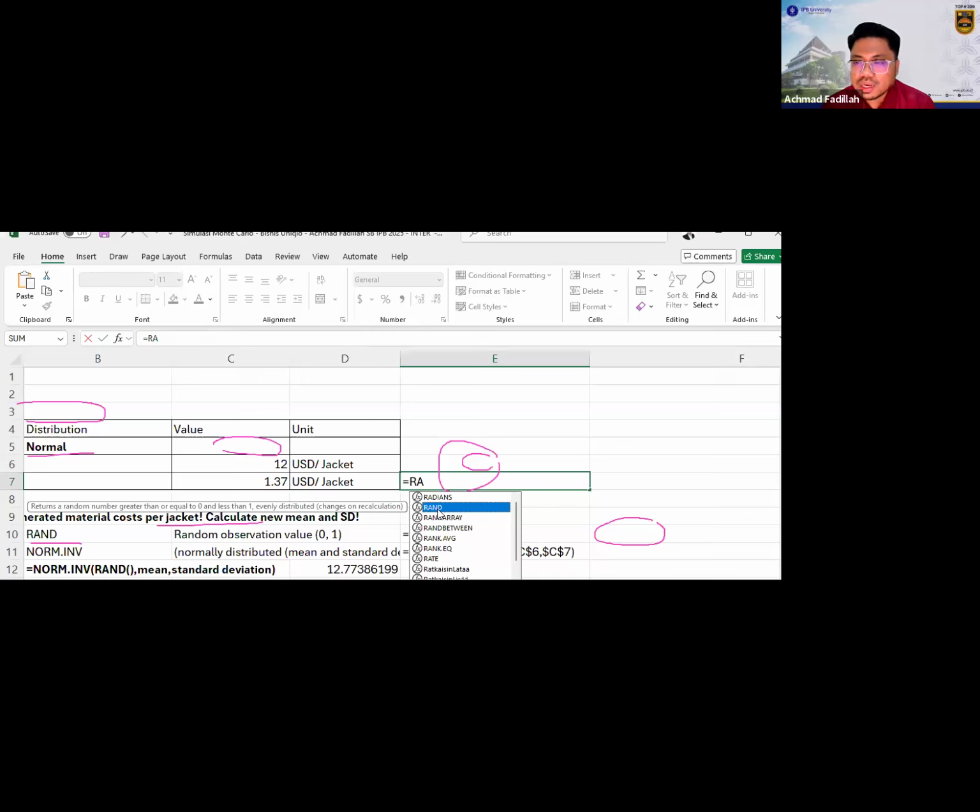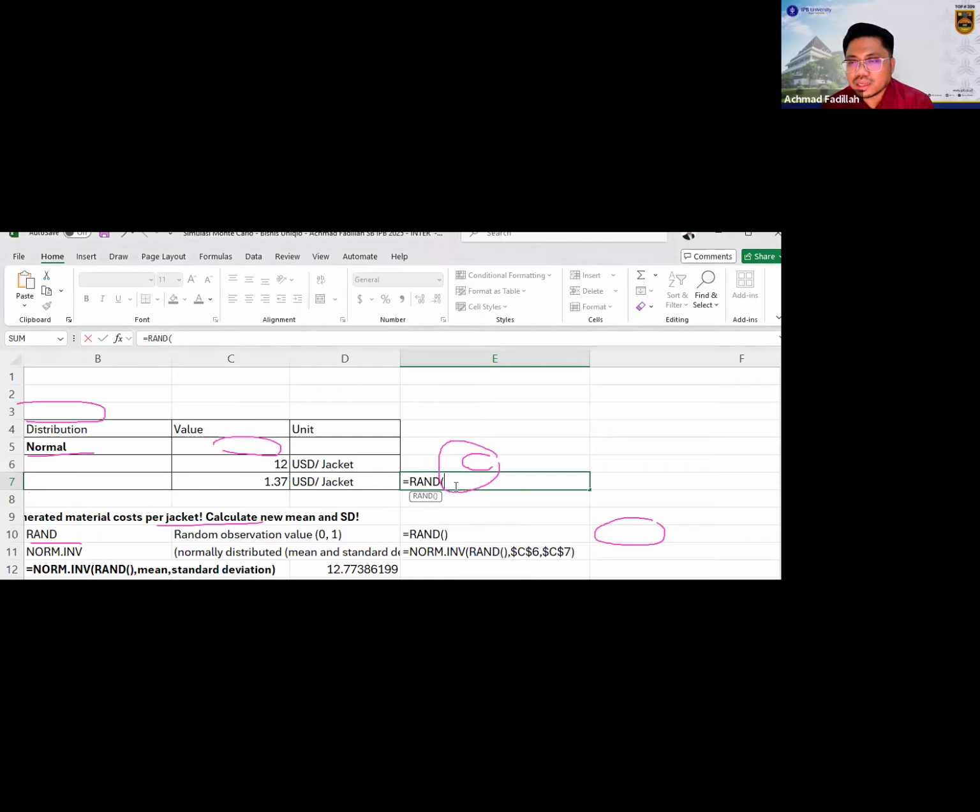It means the RAND, I can just put RAND here. There's a random number generator, that's the randomly generated value, greater than or equal to 0 and less than 1. Certainly, this is distributed, and we already know that it's randomly distributed.